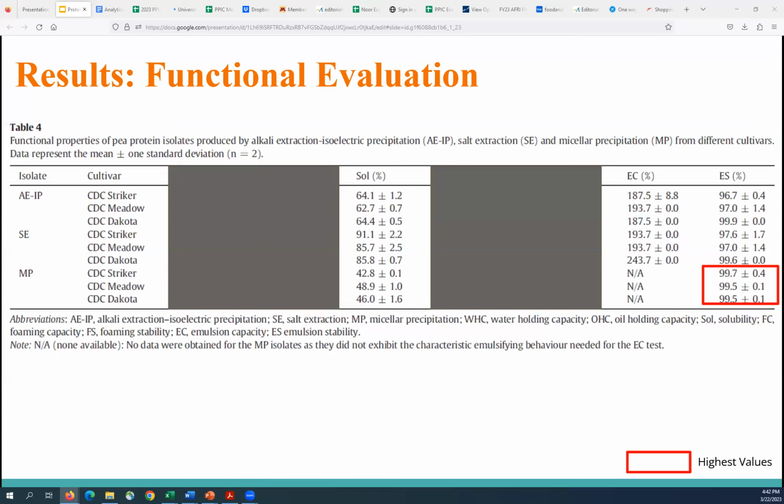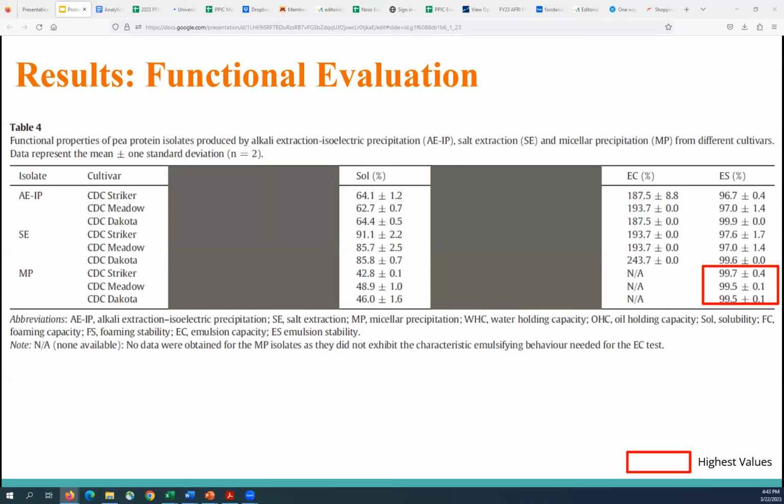The first one is adequate strength of viscoelastic film at the interface, as well as sufficient charge inclusion. And the second one is steric hindrance between droplets to prevent coalescence of the droplets.